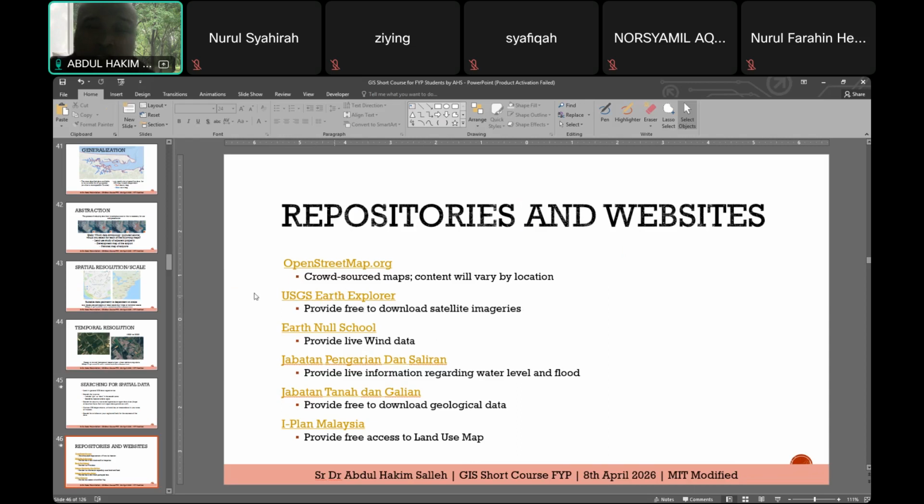Although USGS themselves has a much higher and much more precise data. Okay, perhaps they actually have 1 meter resolution data, but they keep it for themselves, of course. Okay, they give you the one that is free. But the best thing about USGS Earth Explorer here is that it gives you as latest as last 1 week.